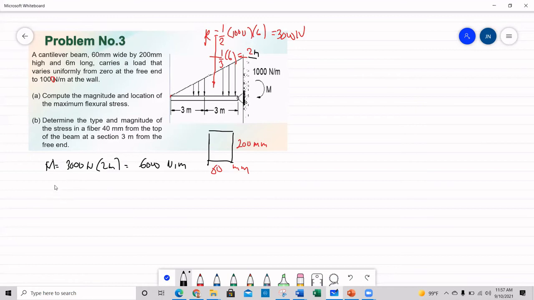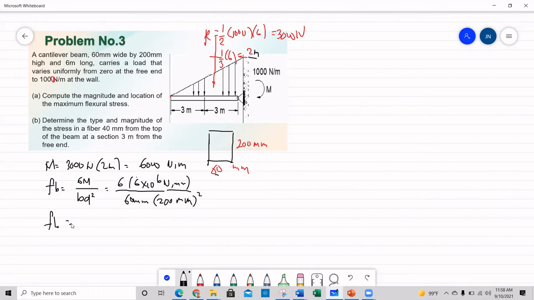Okay, so FB, or flexural stress, is 6M over BD squared. 6 times 6,000 times 1,000 becomes Newton millimeter, which is 6 times 10 to the power of 6. B is 60. D is 200 millimeter.